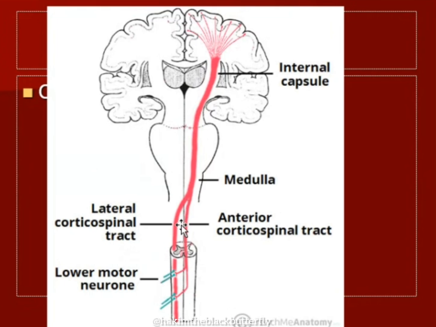But the muscles of the trunk are controlled by the motor cortex of the same side, because those upper motor neuron axons which supply the muscles of the trunk remain on the same side, much as they are few.